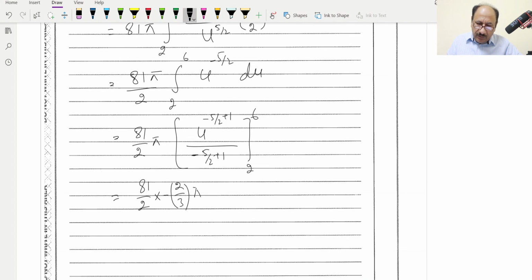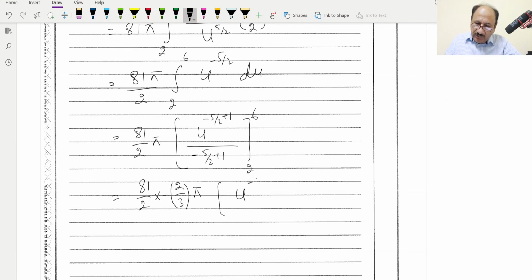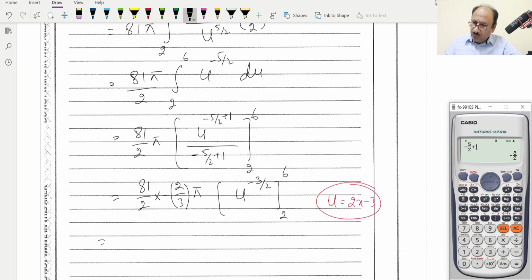So this will be pi, and inside will be u raised to the power minus 5 by 2 plus 1, which is minus 3 by 2, and the limits already we know, this is 2 to 6, and we know u is equal to 2x minus 3, which we replaced, and now we can replace that value, so we will simplify this one.